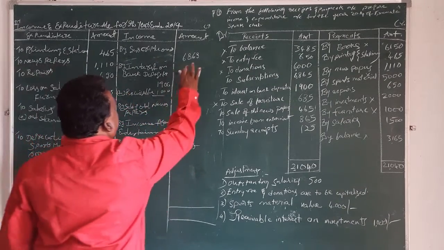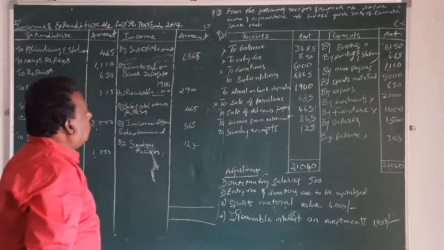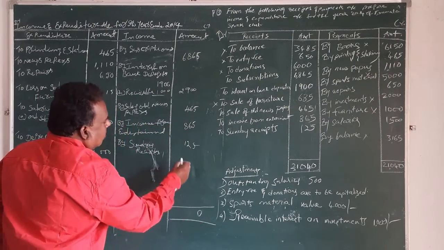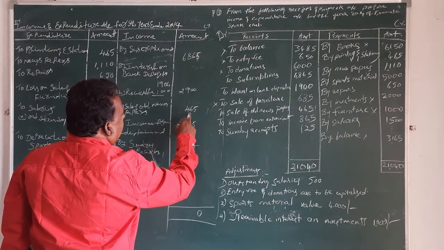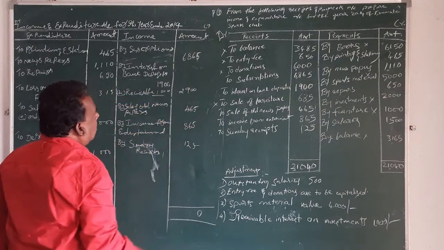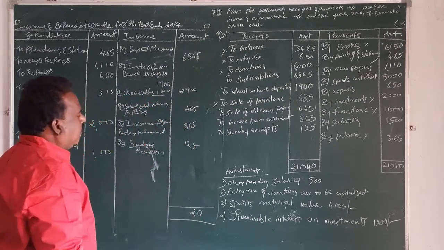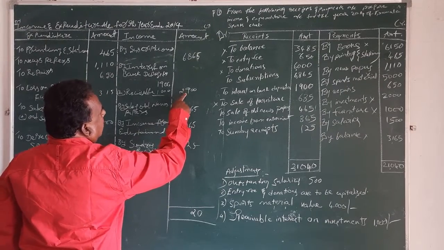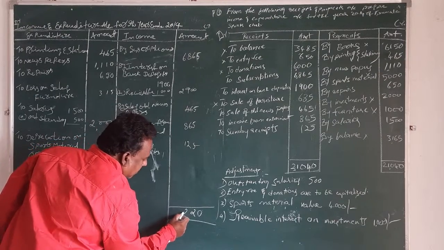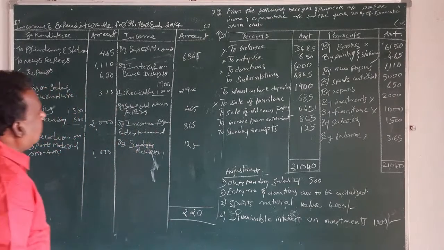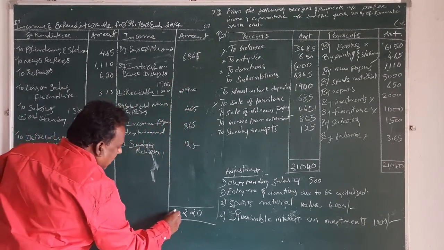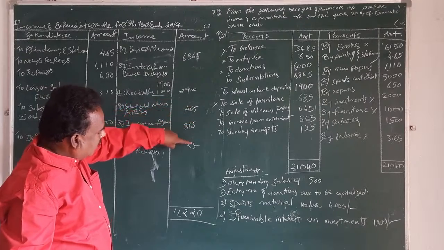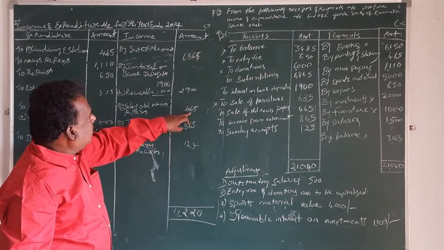Subscriptions 6,865. Adding the credit side figures again, 11,220 is the credit balance.